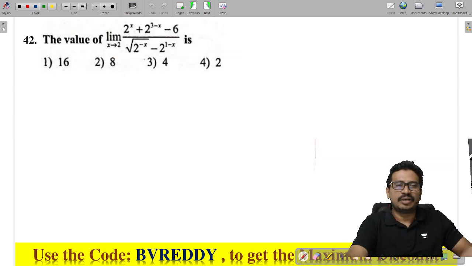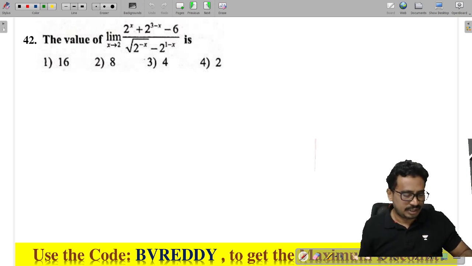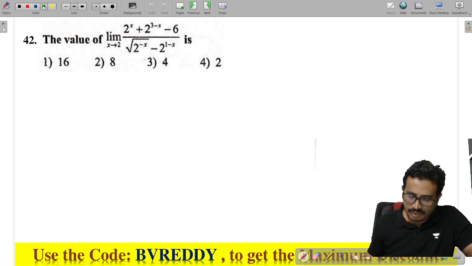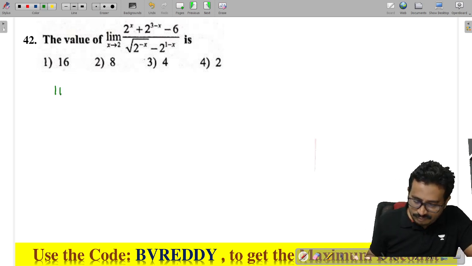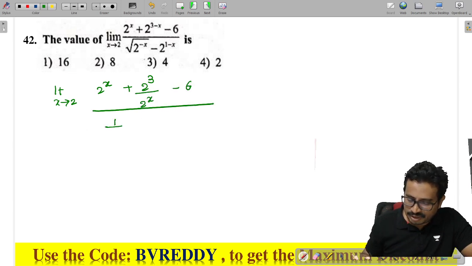Next, the value of this limit, x tends to 2. Let's see this thing. What is this value? Limit x tending to 2 of (2 power x plus 2 cube by 2 power x minus 6) upon (1 by root 2 power x minus 2 power 1 by 2 power x).